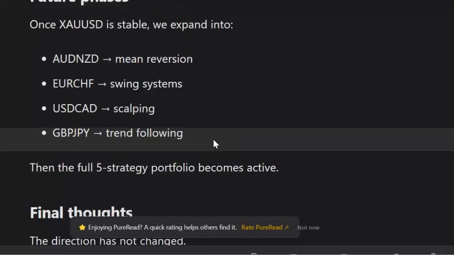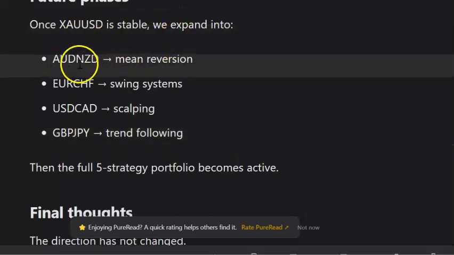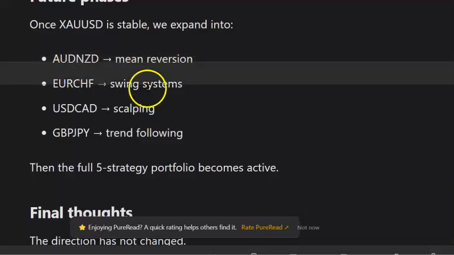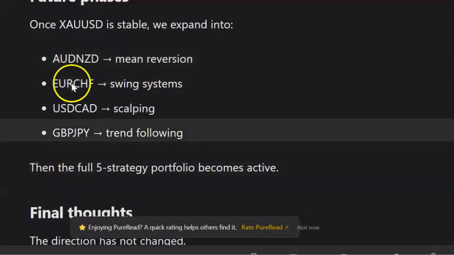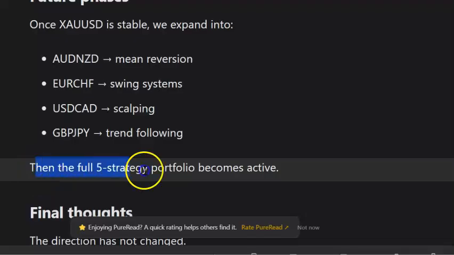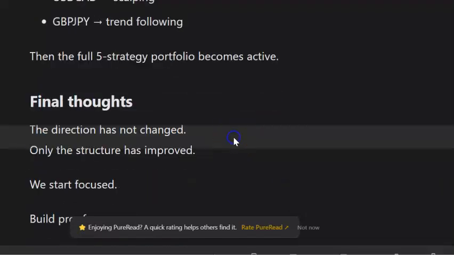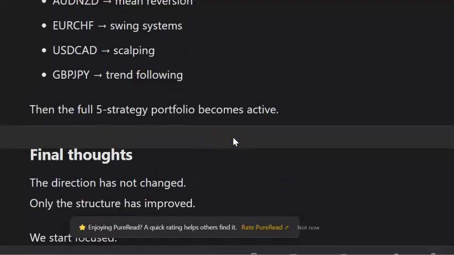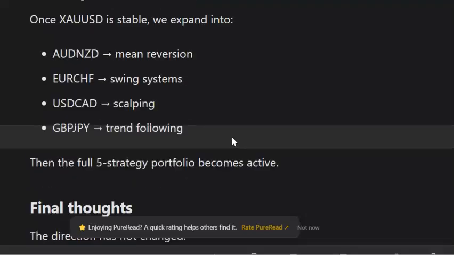In future phases, once gold is stable, we expand into the other markets, assets and strategies, and after that we'll have a full 5 strategy portfolio in motion. We also keep in mind BTC USD. We're going to add that in as an extra, but I'm not ruling BTC USD out because it's really powerful.